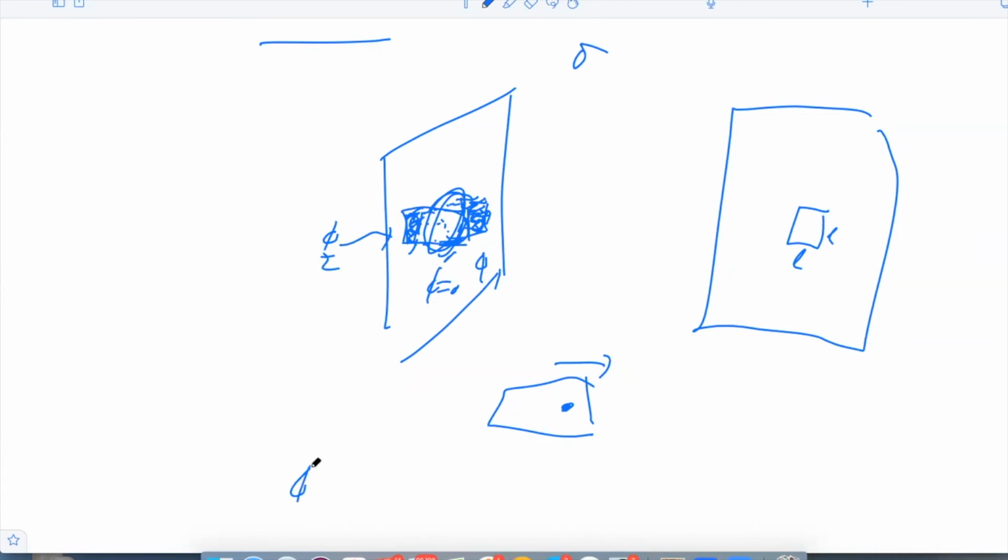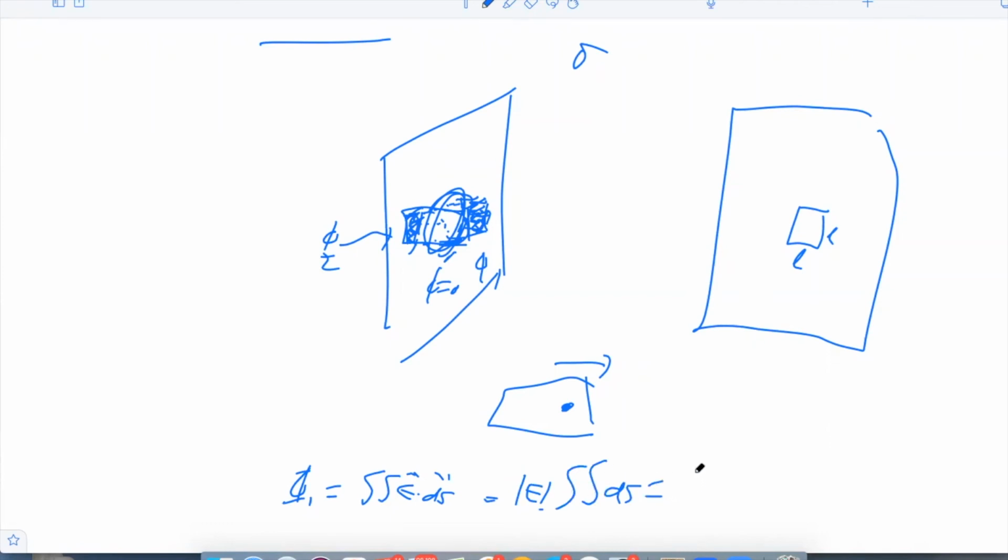So flux 1, E dot dS would be, since we know E's constant on that surface because we're a distance r away, E times the area. That's just area.